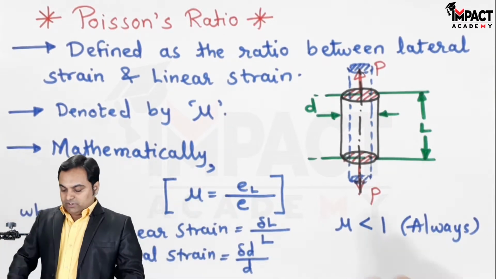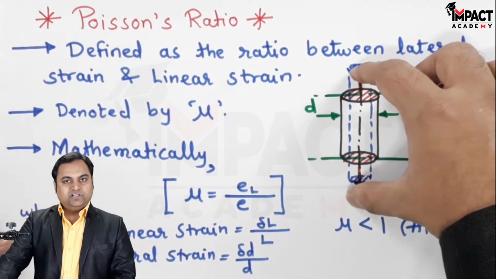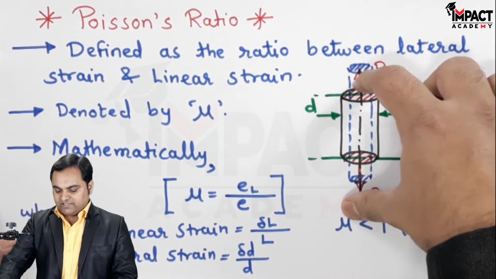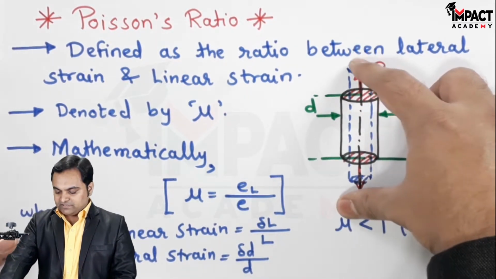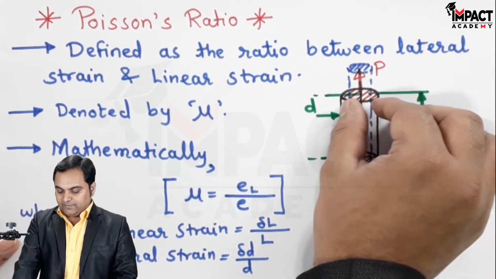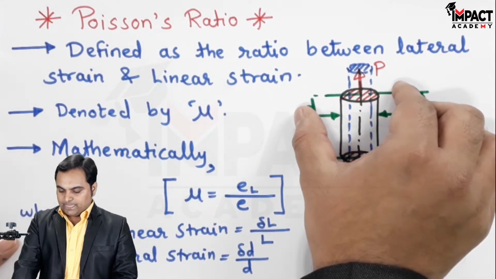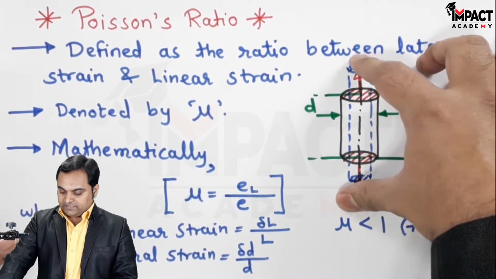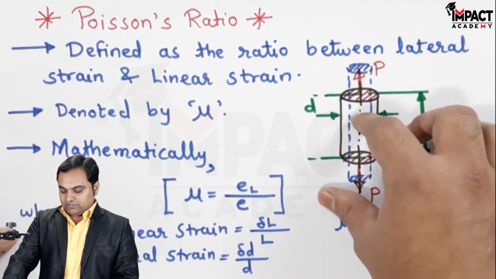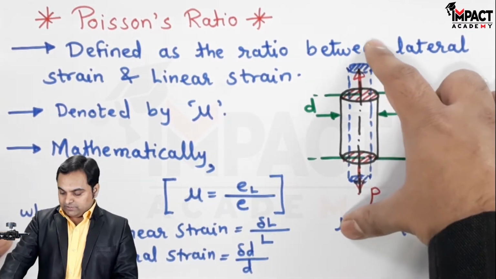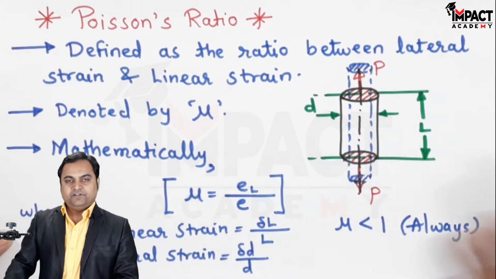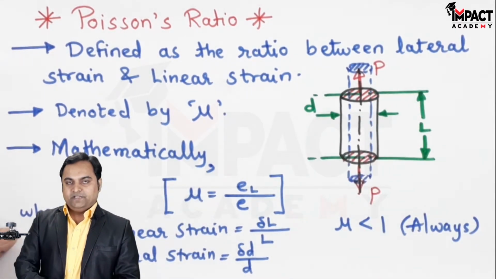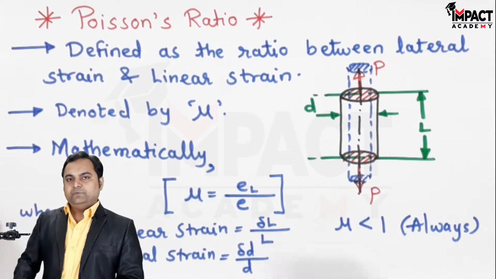So here we have seen that when it is tensile load, the length increases. Similarly, if we are taking an example of compression, in that case also, when the length is getting decreased, the diameter goes on increasing. So the effect of linear strain would be decrease in length, and in that case the ratio would be negative because the length is decreasing and we are considering compressive stresses are negative.